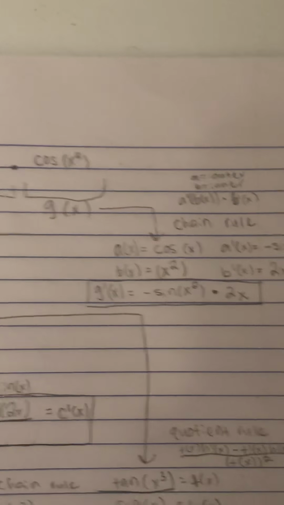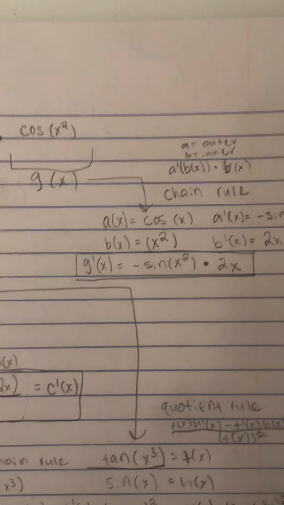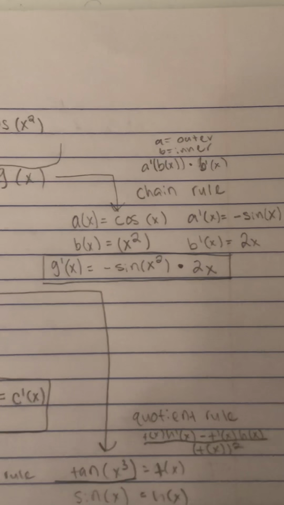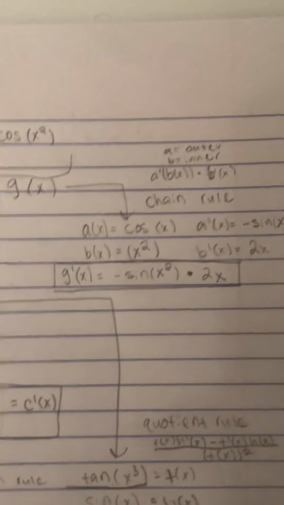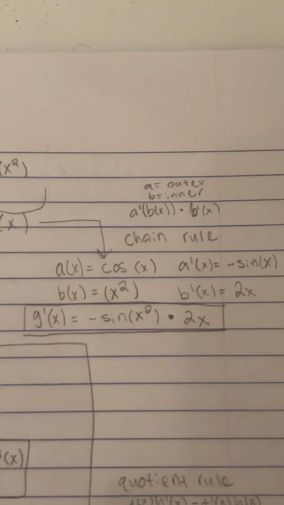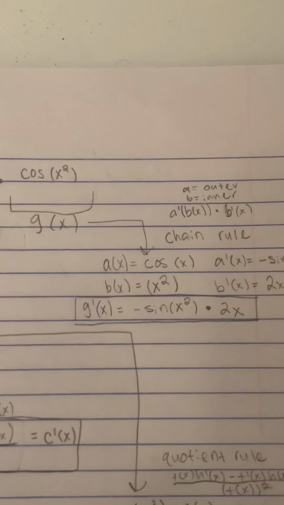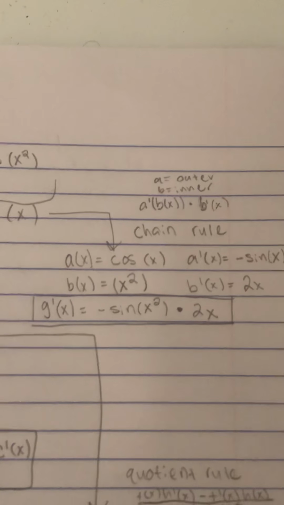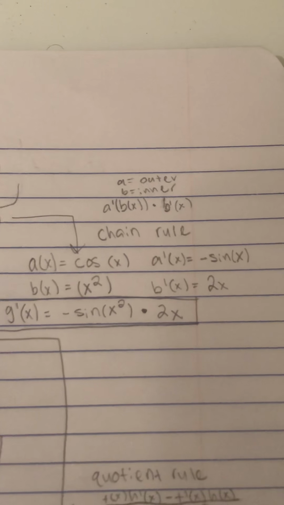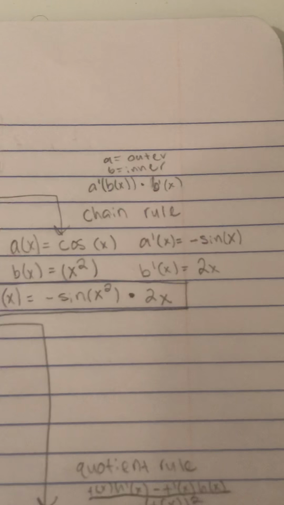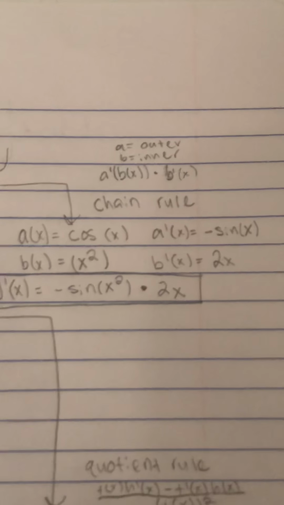I started with cosine x squared because that was the easiest one to do, and I used the chain rule, and I separated that into two different functions again, and it would be a of x, which is cosine x, and b of x, which is x squared. I found the derivative of those two. The derivative of a of x would be negative sine x, and the derivative of b of x would be 2x.